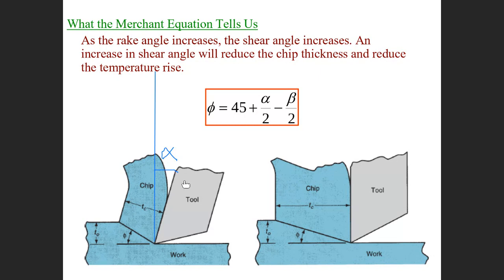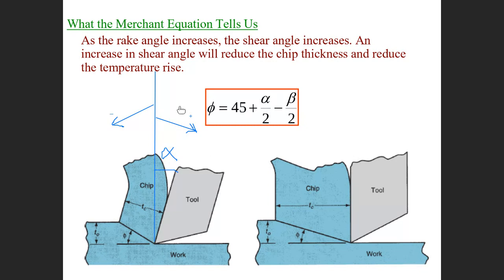So let me just say, rake angle increases in this direction. Whenever the rake angle decreases, it is in this direction, and rake angle increases in this direction. So this one is positive. Rake angle is positive in this direction, and in this direction the rake angle is negative.